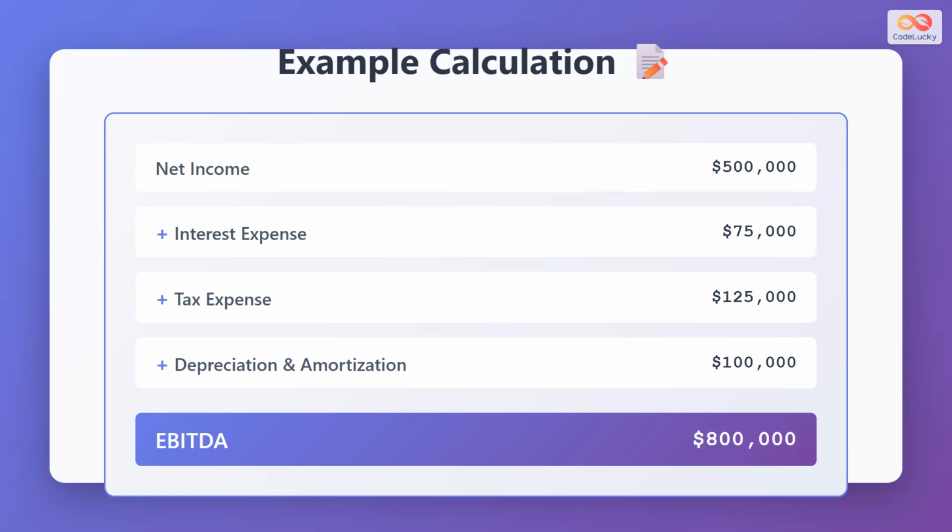To calculate EBITDA, start with the $500,000 net income, add the $75,000 interest, add the $125,000 taxes, and add the $100,000 depreciation and amortization. The result is $800,000 in EBITDA. This means the company's core operations generated $800,000 before accounting for financing costs, taxes, and non-cash charges.